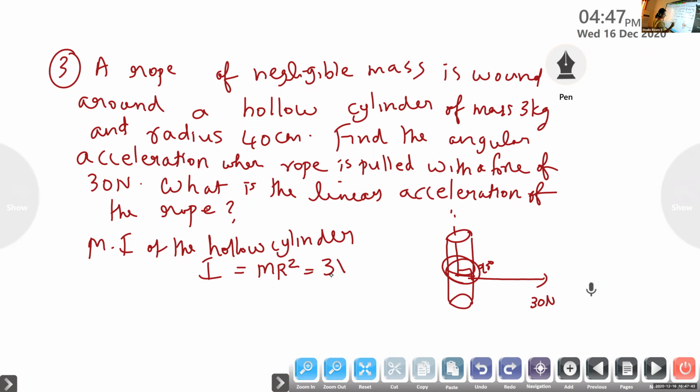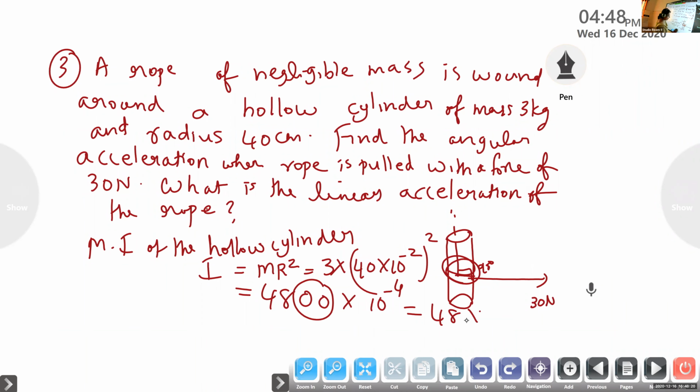That is equal to 3 into the radius, given as 40 centimeter, so converting to meter, 40 into 10 to the power of minus 2, squared. It's very simple, no? Because 40 squared is 1600, into 3, you will get 4800 into 10 to the power of minus 4, or you can make it a little simpler by taking these two zeros as powers of 10.